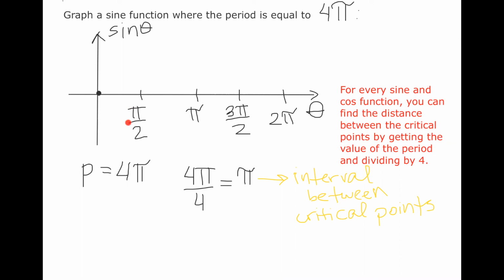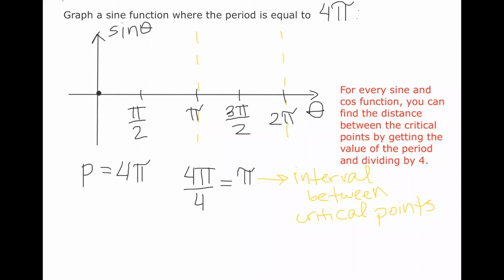Your first critical point is going to be at pi. So let's mark this over here. This is going to be my first critical point, which means that the next critical point is going to be another pi units away. From here to here we have pi, another pi units away. We're at pi, and pi plus pi gives me 2 pi. So that's going to be my next critical point.